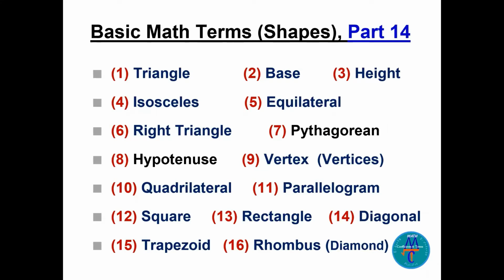So in this part 14, there are some shapes I would like to mention and define and give you some examples like triangle, base, height, isosceles, equilateral, right triangle, Pythagorean, hypotenuse, vertex, and then the plural we say vertices, quadrilateral, parallelogram, square, rectangle, diagonal, trapezoid, rhombus.